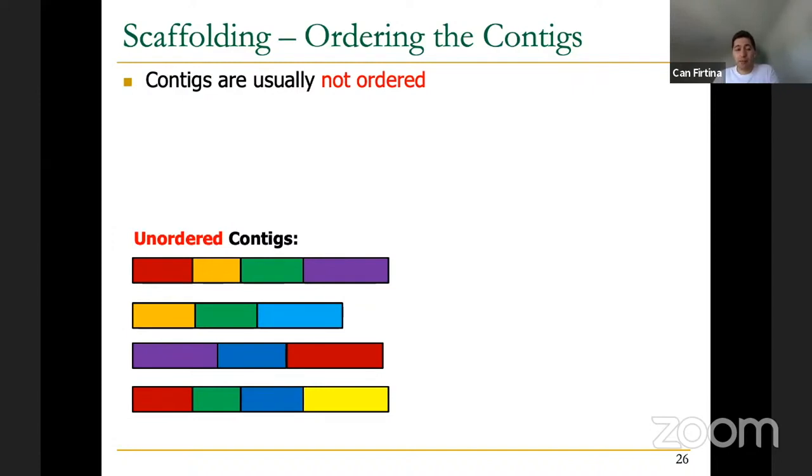referred to as scaffolding, which is ordering the contigs. Once we generate the contigs, these are usually not ordered. These are basically the larger pieces, longer than the reads, but still probably shorter than the chromosome or the genome itself. And we still don't know the order between them.